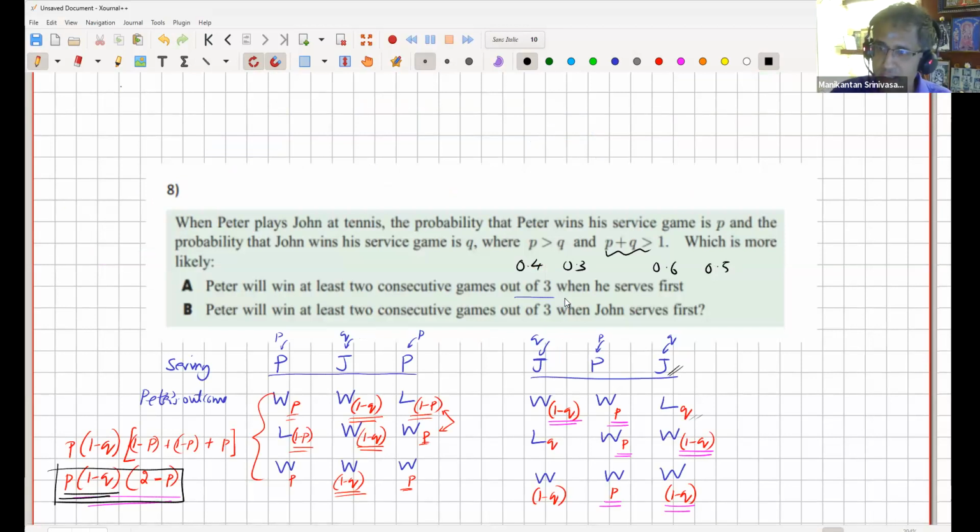So during John's serve, it's Q and 1 minus Q. During Peter's serve, it's P and 1 minus P. Yes, the pairs add up to 1 in both cases. One guy wins, the other guy loses, that's for sure. But the combination is different. It's P versus 1 minus P and Q versus 1 minus Q. Okay. Does it make sense? Yeah. Okay.